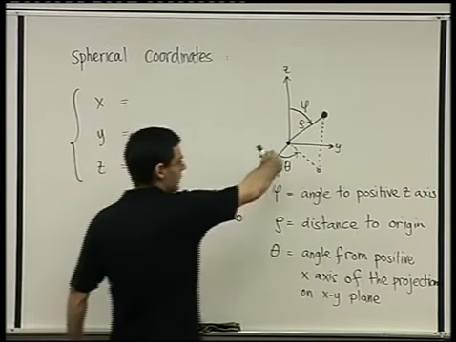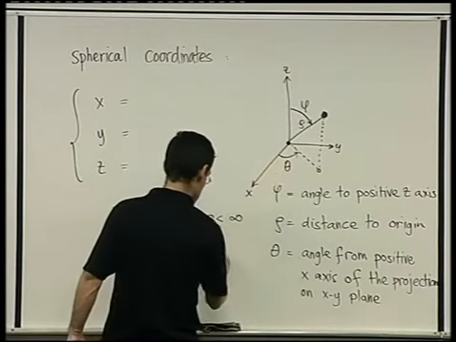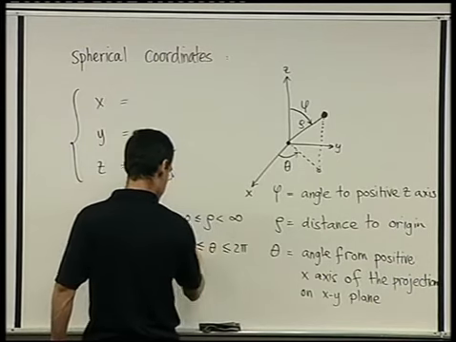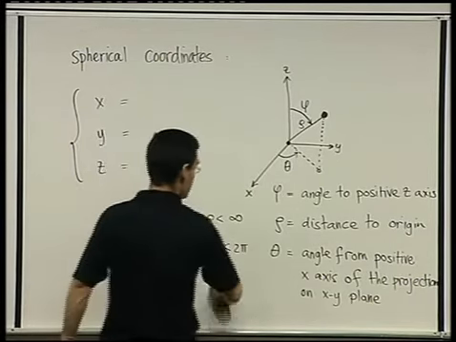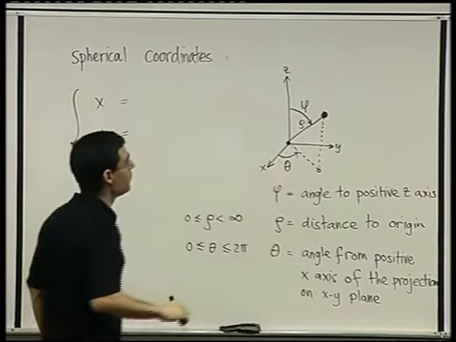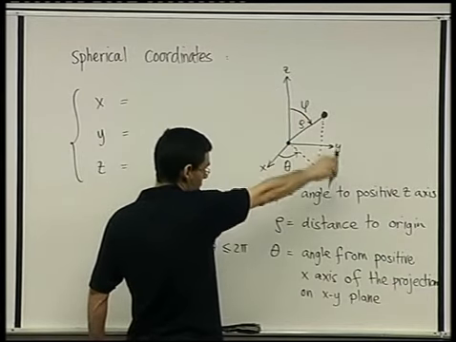What about theta? Right, theta is between 0 and 2 pi. And the slightly trickier one is phi. What about phi? So we're measuring the angle to the positive z-axis.